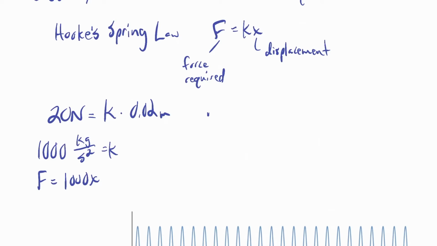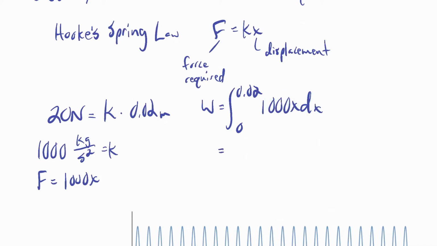So the work required to do that compression will be the integral from 0 to 0.02, because that's how far I want the compression to go, of 1000x dx. This is the force required at an incremental position, and this is the distance through which we're going to do that increment, and force times distance will give you work.